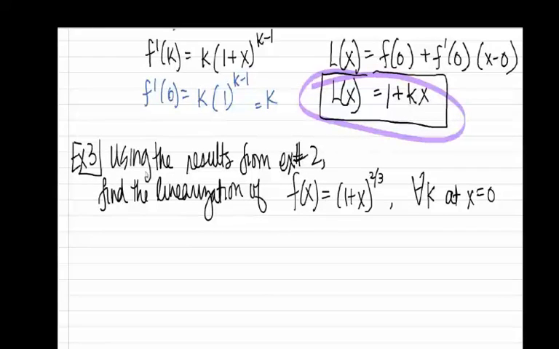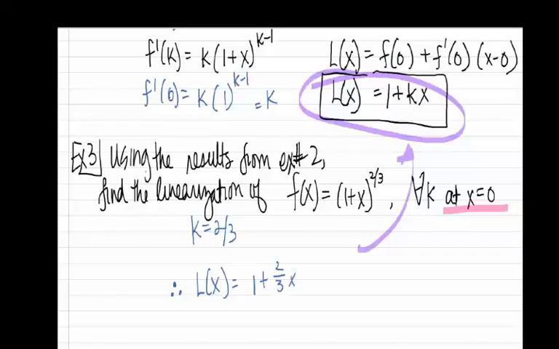We need to be centered about the same thing, which in this case is 0. Okay, so since we have this generalization up above, all I need to do is plug in what k is. Well, what's k? k is 2/3. So therefore, L of x equals 1 plus 2/3 x. And it's as simple as that.